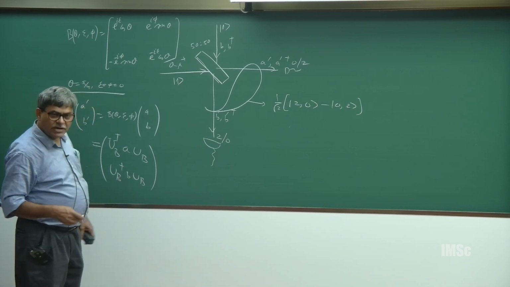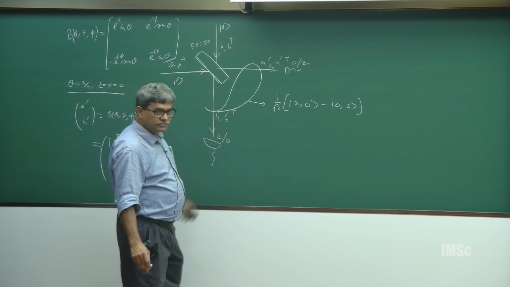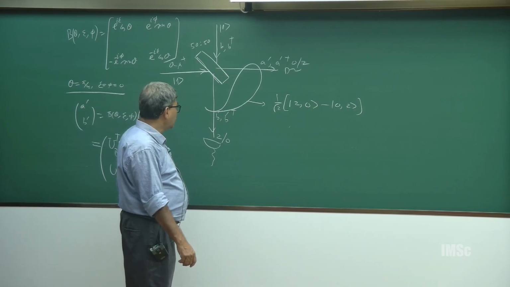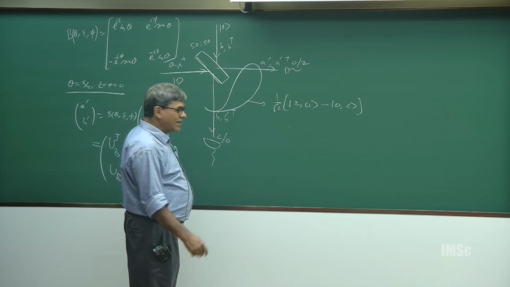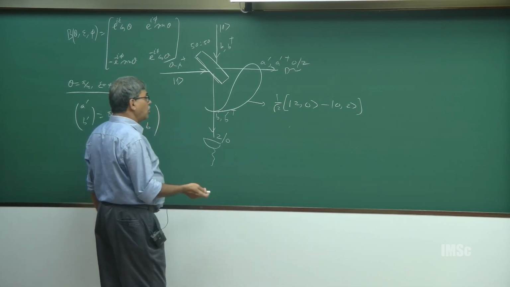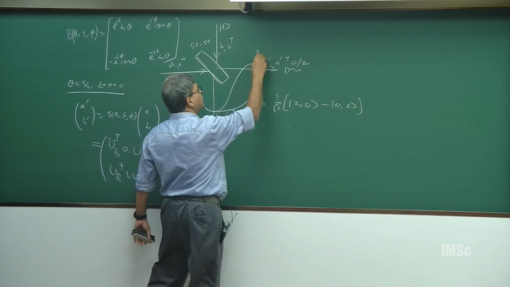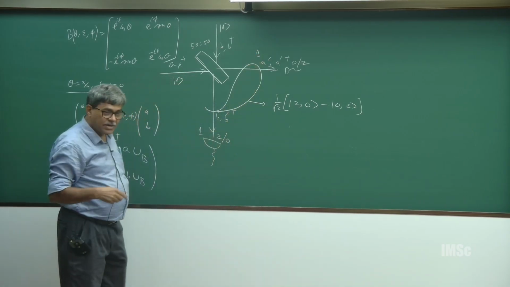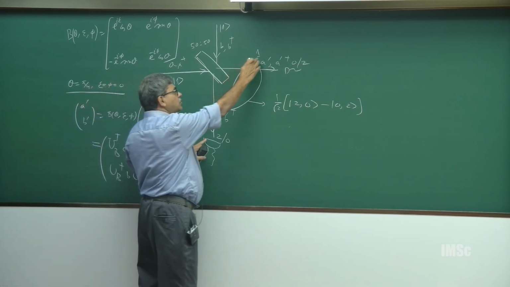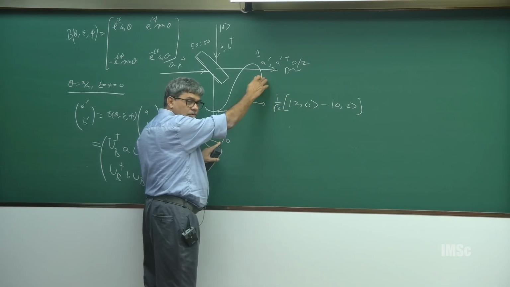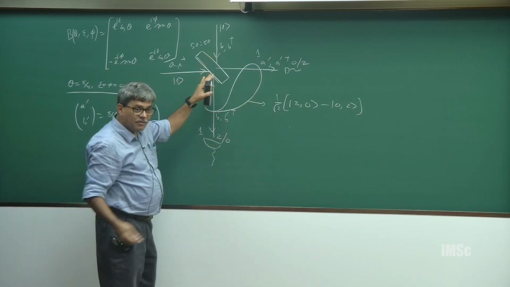So, let me try to understand what is going on here. As I said, classically you can also have a situation where one photon comes here and one photon comes here, and as Anupam said last time, this event is more probable compared to these two. Why? Because this is a 50-50 beam splitter.